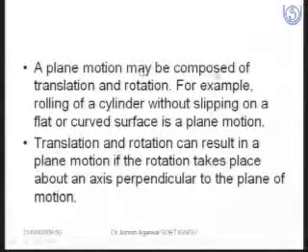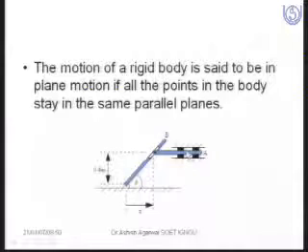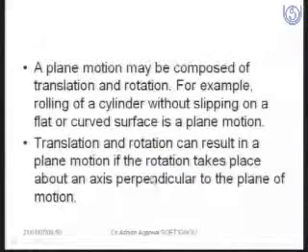A plane motion can be composed of translation motion or rotation motion, as we have seen in the earlier case, where this motion is reciprocating and this is rotation. So it can be translation, or rotation, or both.